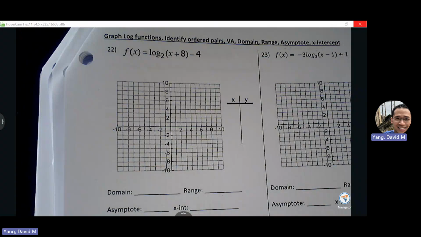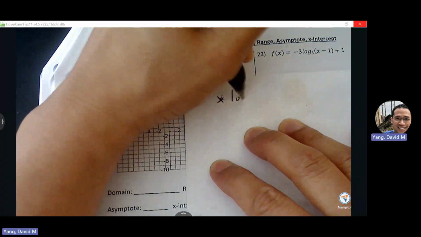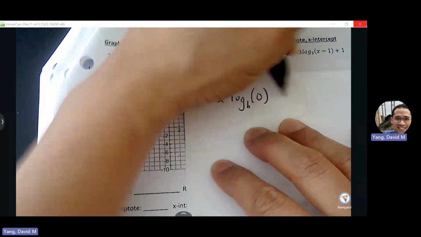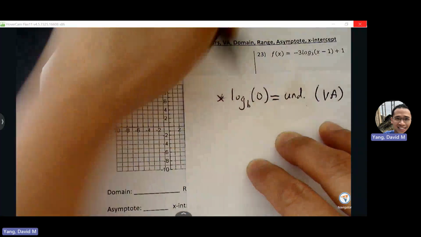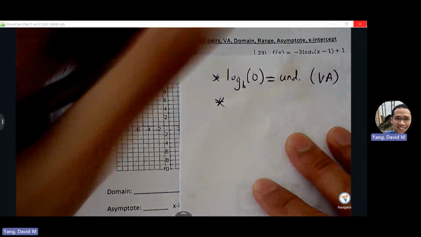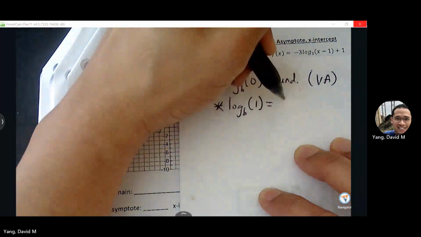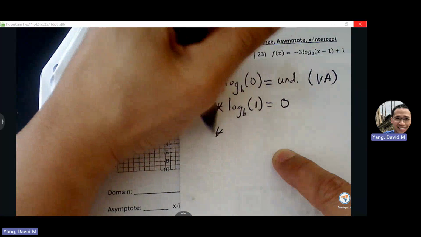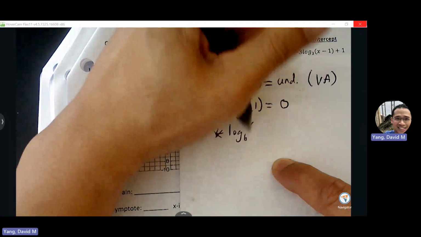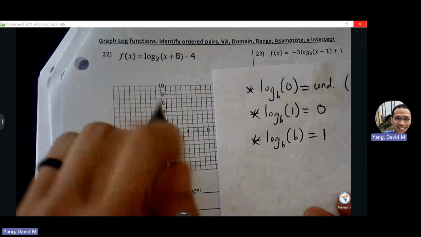Okay, so the major properties that we really want to take advantage of is, first, log base b of 0 is undefined, right? That's basically where your vertical asymptote exists. The second big property is log base b of 1 is always equal to what? 0, right? The reason why is b to the 0 power equals 1. And the third big property is that if I can get the base and the value to match, that's equal to 1.